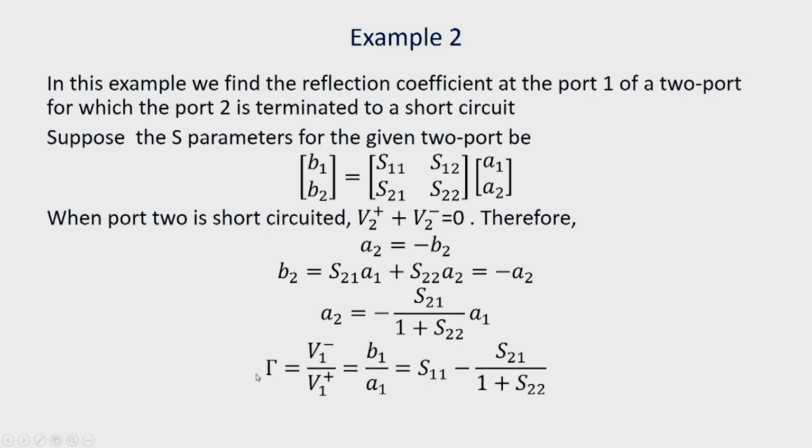So, the reflection coefficient is V1 minus divided by V1 plus, which is B1 by A1, and can be found as S11, where we replace A2 by this term. So, it is S11 minus S12 S21 divided by 1 plus S22.